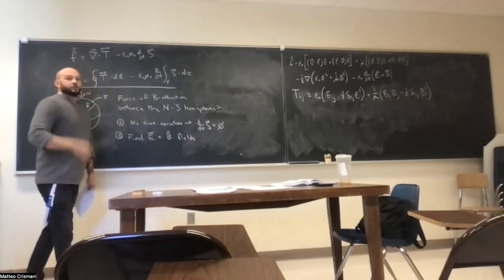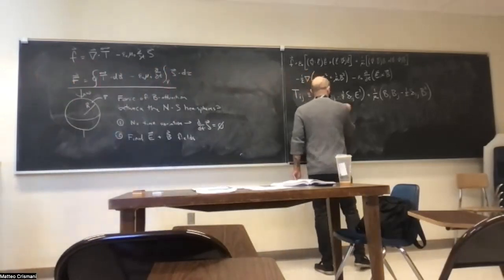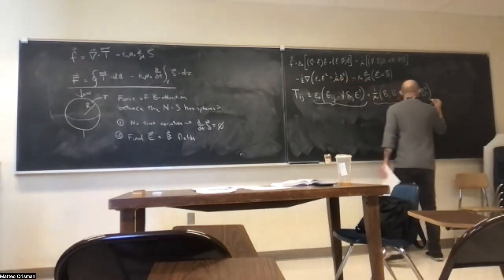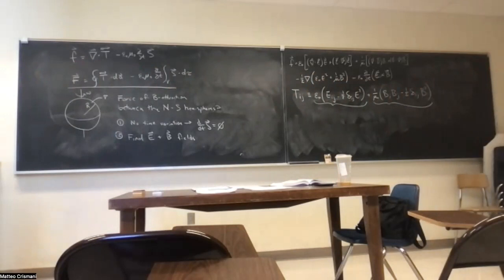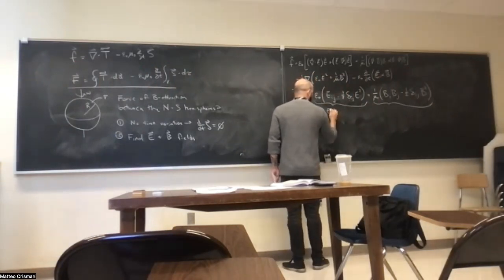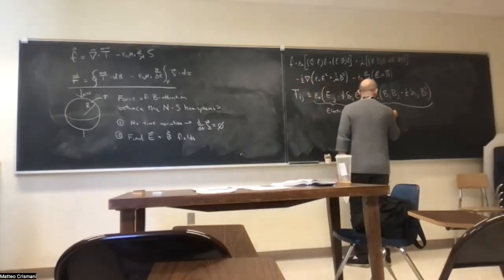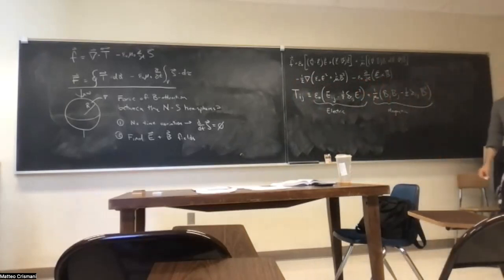Now this is where teaching would come into play, and this is where I tell you that this piece and this piece do different things. So here is the Maxwell stress tensor. This is the electric component, and this is the magnetic component. So what do they look like?